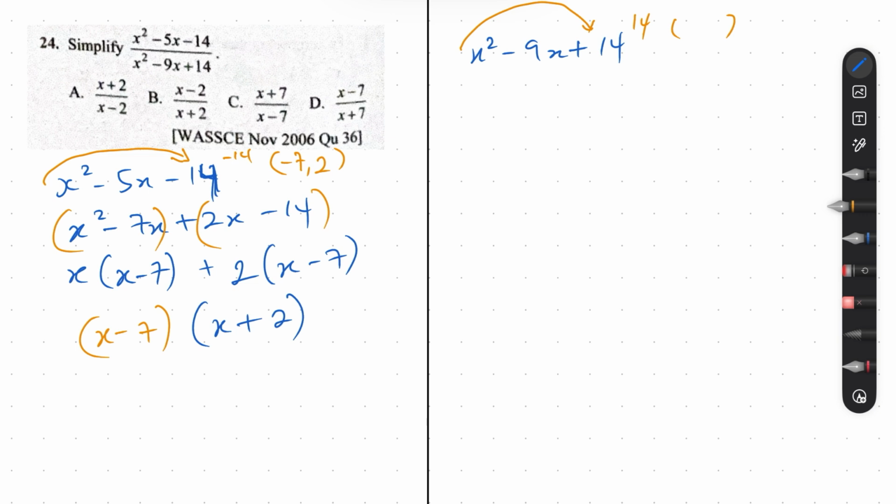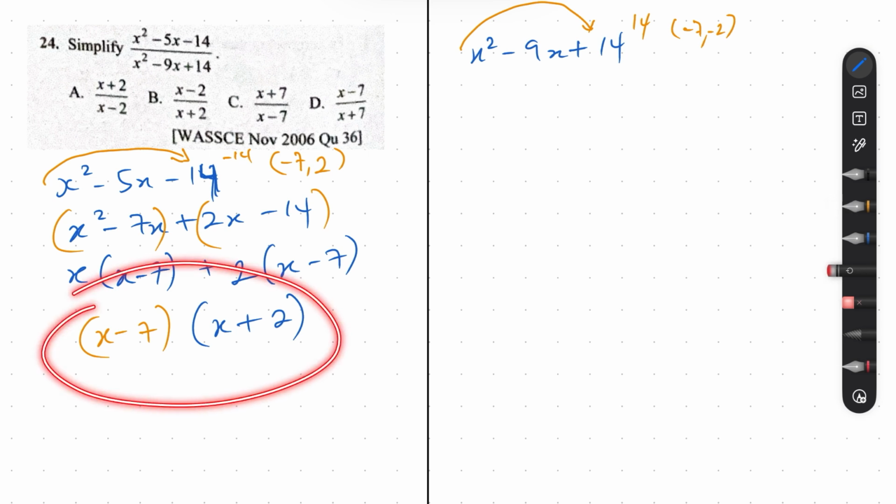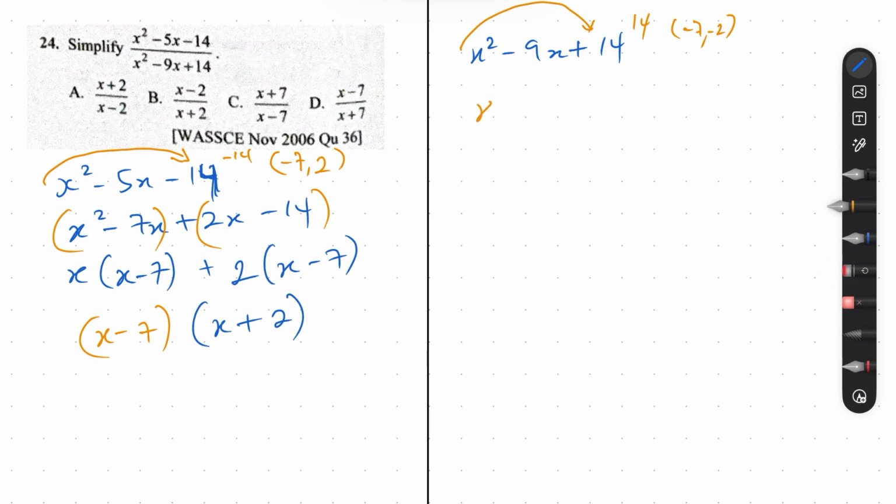Those two factors are negative 7 and negative 2. Okay, cool. From what I told you, what will be our answer? Just x minus 7, and then x minus 2, because our factors are negative 7 and negative 2. So this is our denominator.